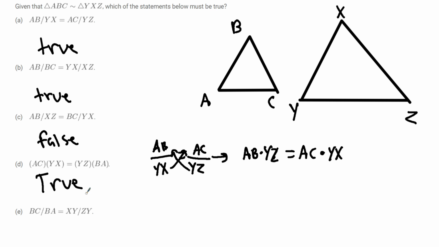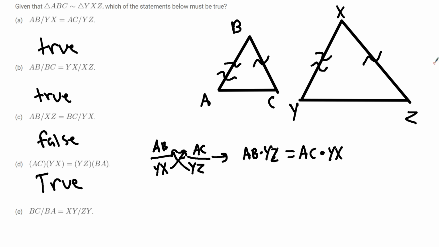And then finally, part E. BC over BA is equal to XY over ZY. Well, let's look. BC corresponds with the side XZ. And BA corresponds with the side XY.